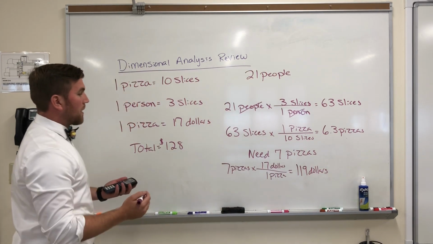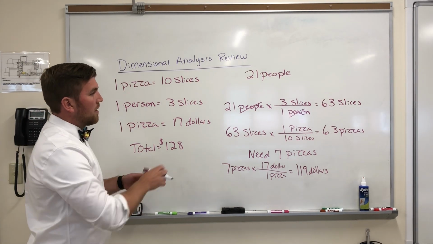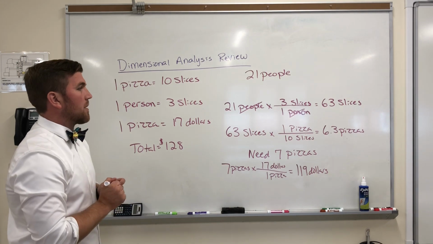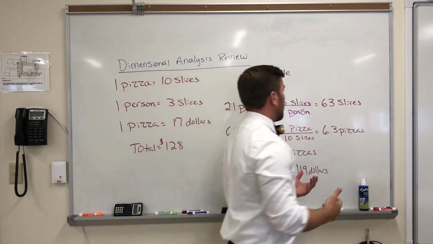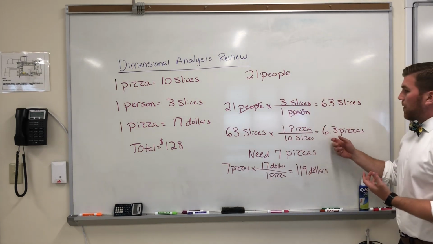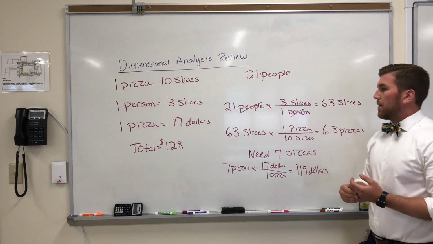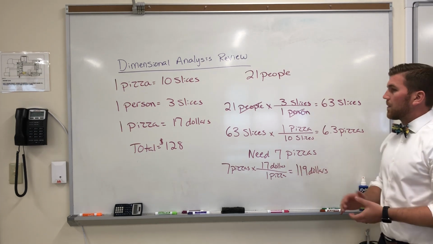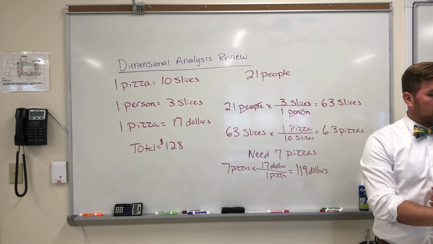I have $128, so the answer to this problem would be that yes, I do have enough money to order enough pizza for all of my friends to eat at my party. This is one of the problems where perhaps using 6.3, you still would have gotten the correct answer, but you would have had some of the wrong numbers, and it got pretty close. So you want to really make sure that you're using some common sense when you answer these.